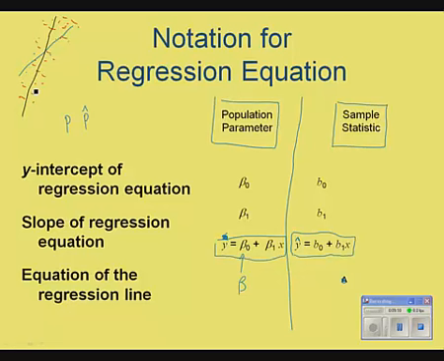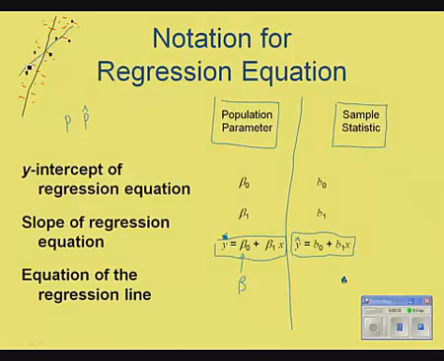Is that the same or different than the blue line I drew initially? Different. Now, why is it different? Well, because I had a sample of this data. I'll highlight it in black for you. My sample was like this, right? And so based on that sample, I did the best I could.